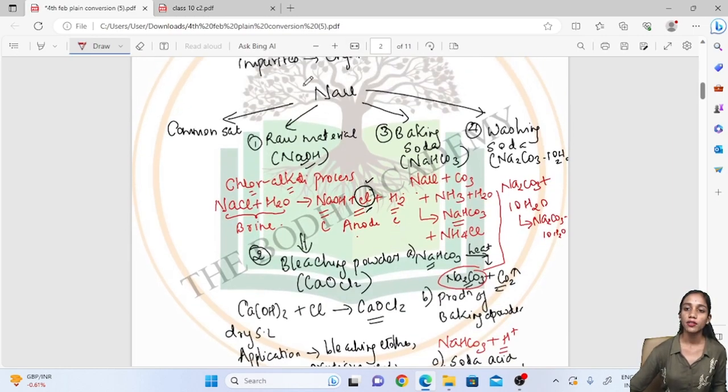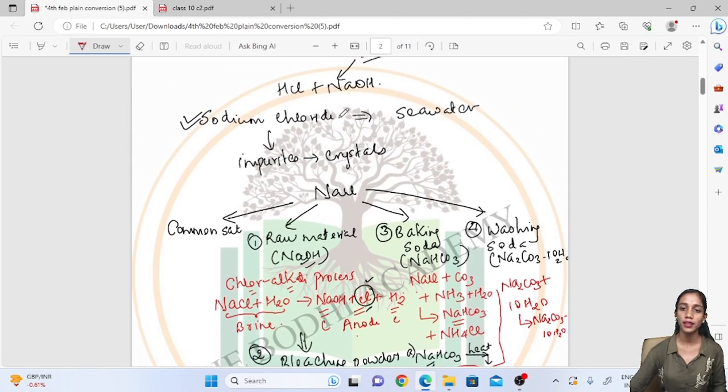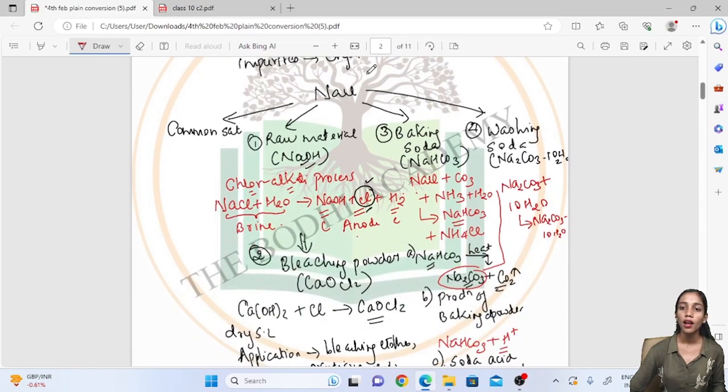So to start with, NaCl, which is common salt obtained from seawater, is produced by a reaction which combines HCl and NaOH, an acid and a base. NaCl is used first of all directly as common salt. Second, it is used as a raw material for the production of NaOH, and this process is called the chlor-alkali process, which includes the electrolytic decomposition of the aqueous solution of sodium chloride, called brine.